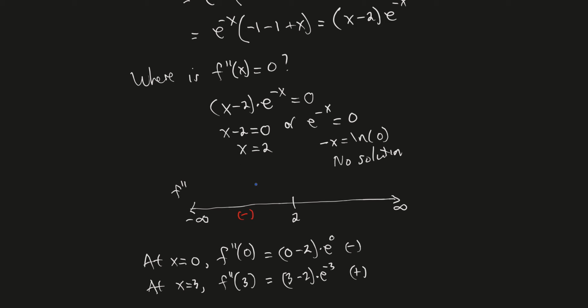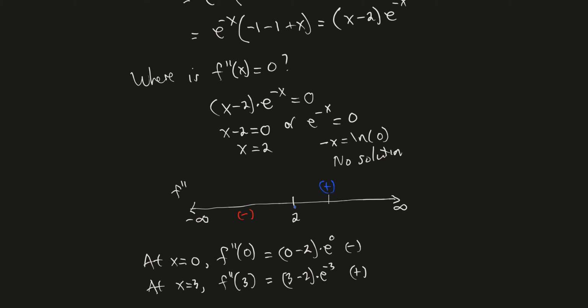So our second derivative actually changes sign. So I can now say that my original function is concave down on the interval negative infinity to 2, and then concave up on the interval 2 to positive infinity. Therefore, at x equals 2, my original function has an inflection point.